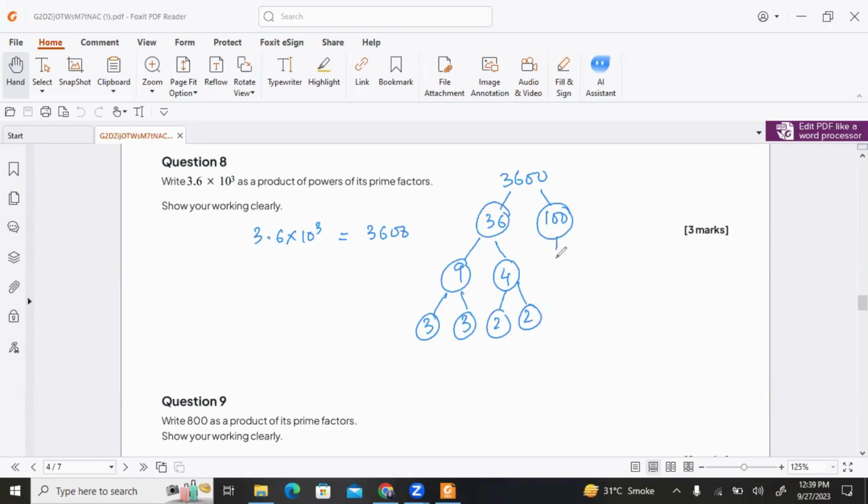For 100, we can do 4 times 25, which is 2, 2, 5 times 5. As you can see, 3.6 times 10 to the power of 3 can be rewritten as we have 1, 2, 3, 4, 4 2s, so 2 to the power of 4 times 3 squared times 5 squared.